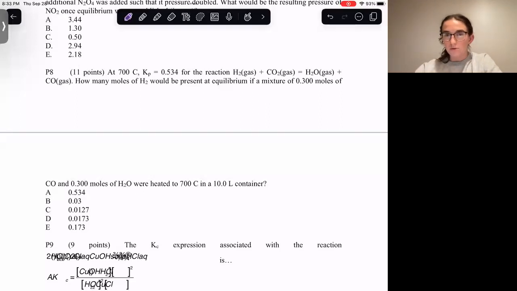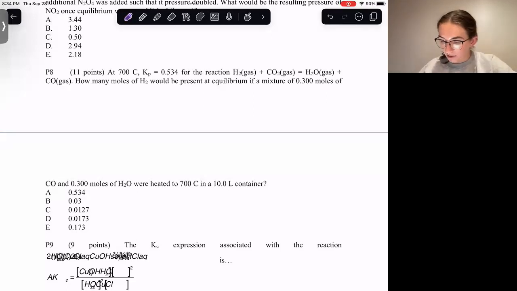Okay, so one thing that you always want to note is which way your reaction is happening. You always want to be able to solve for Q to determine if you're at equilibrium or not.